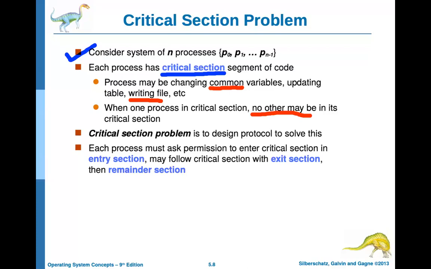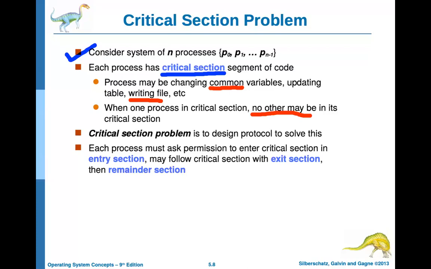Like in the program I just executed, where we incremented the value of CNT by 1, CNT++, that was the statement of the language. That is an update. If one thread or process is updating it, no other is allowed until the previous operation is finished. So when one process is in its critical section, no other process is allowed inside the critical section. This is called mutual exclusion.